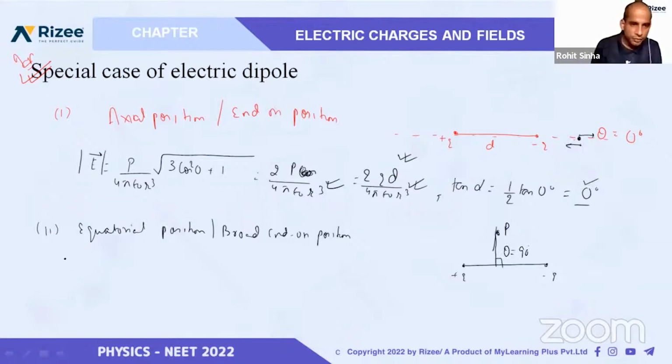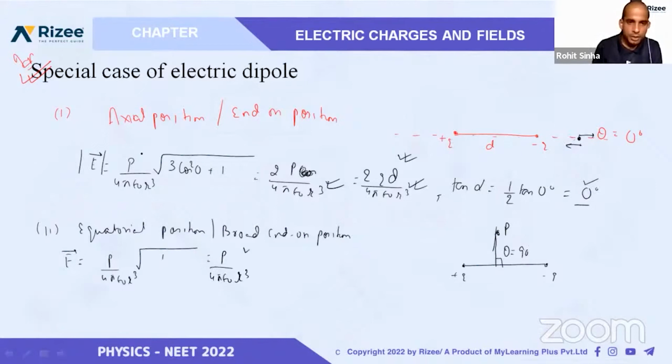What will the electric field be? Electric field will be p by 4 pi epsilon naught r cube under root 3 cos square theta plus 1. We know cos 90 is 0, so we get only 1, and the field is p by 4 pi epsilon naught r cube.